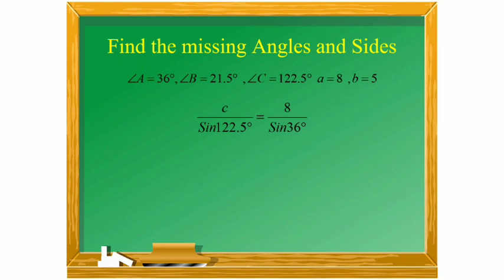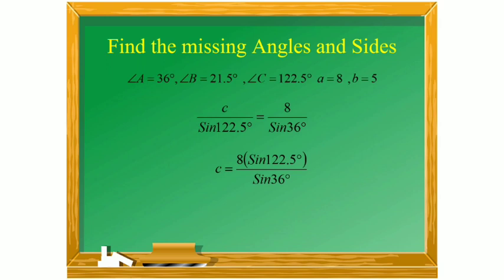By using the equation in law of sines, we will get C over sine 122.5 degrees is equal to 8 over sine 36 degrees. By simplifying this, we will get C is equal to 8 times sine 122.5 degrees all over sine 36 degrees.